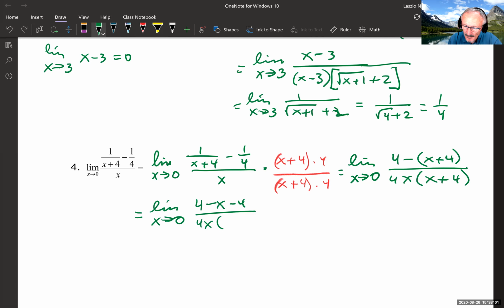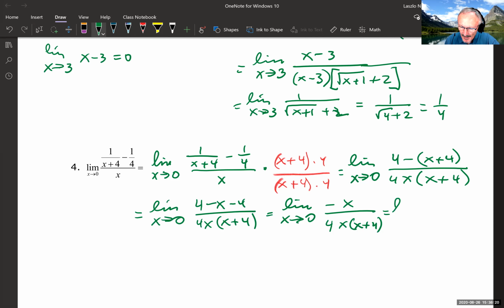So we have the limit as x approaches 0, the 4's cancel, we have negative x, all that over 4x times x plus 4. And now you can see the x's cancel. They're common factors. This is the factor that was giving us grief early on.